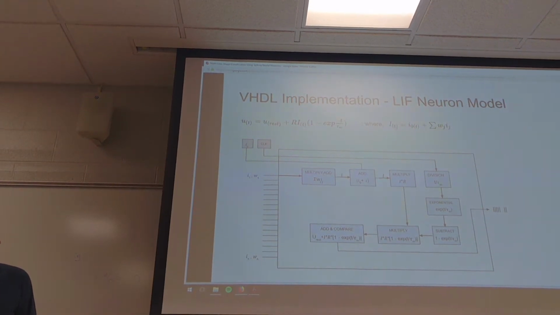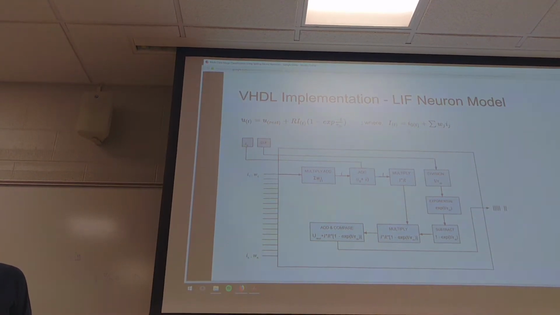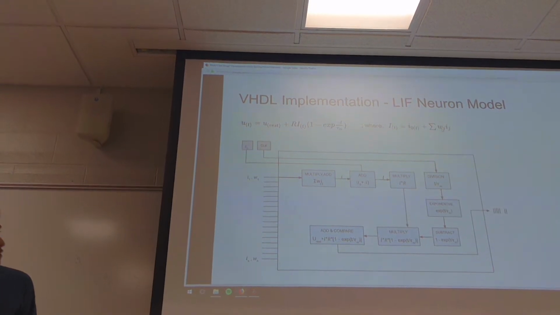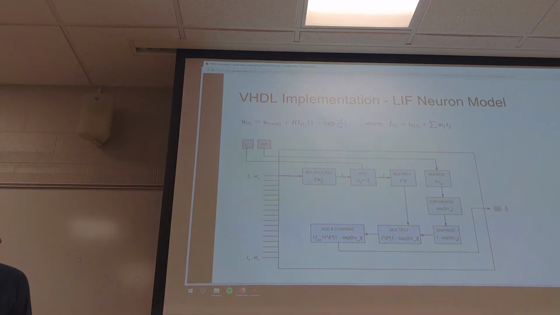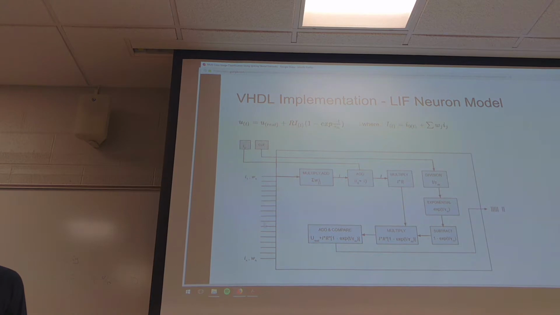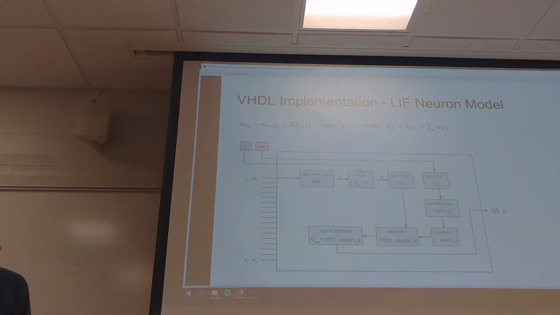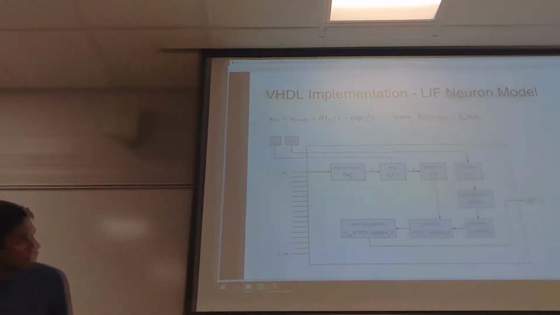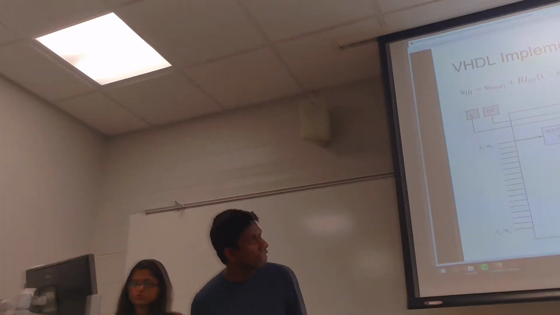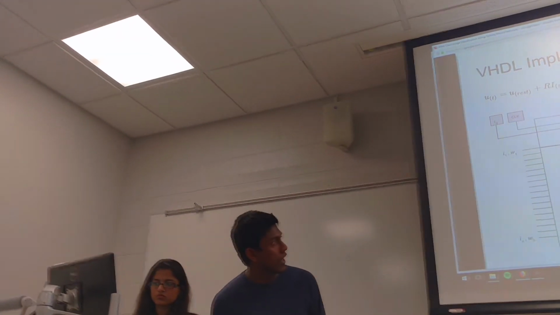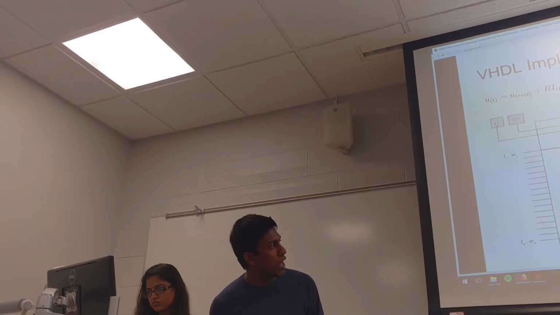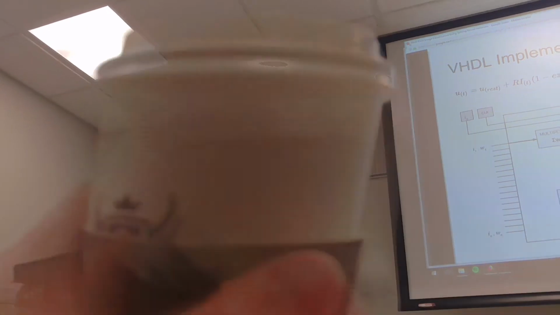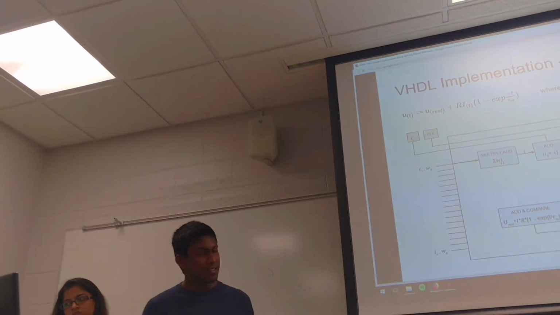So we can disintegrate this I_T into these two components. Inside the neuron implementation, a component does the multiplying and adding of these values, then we have another adder which adds the bias current, then a multiplier, a division operator, and an exponential part which calculates this part.